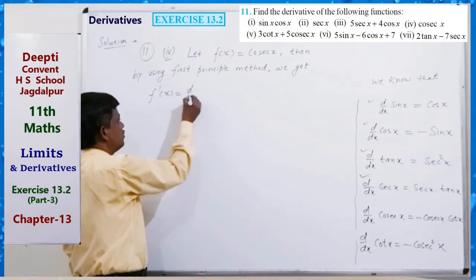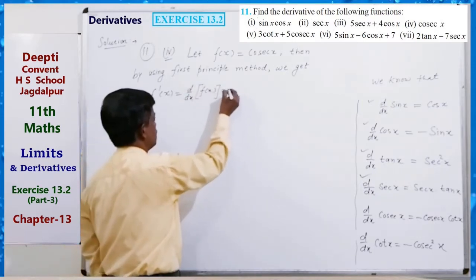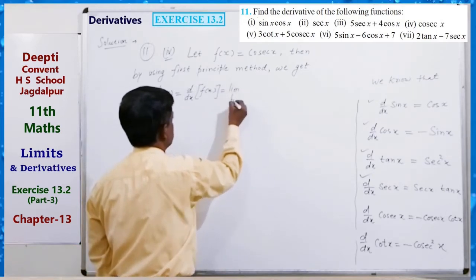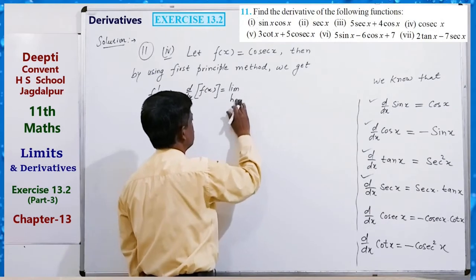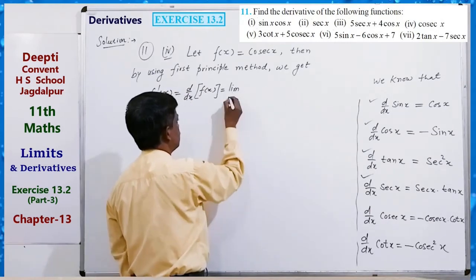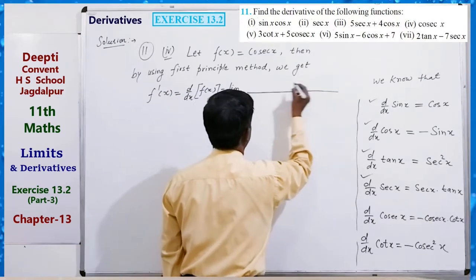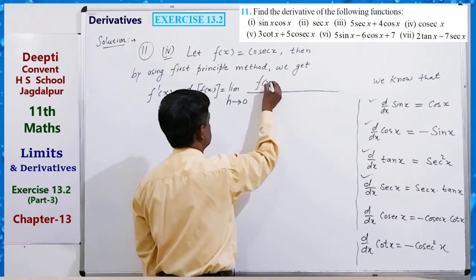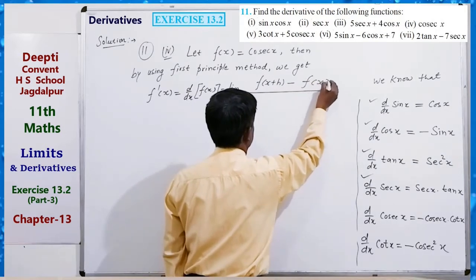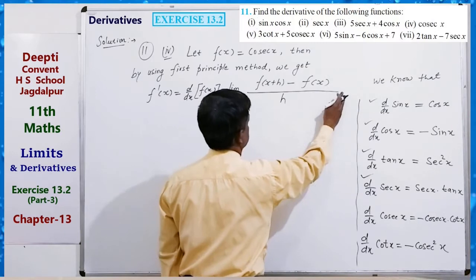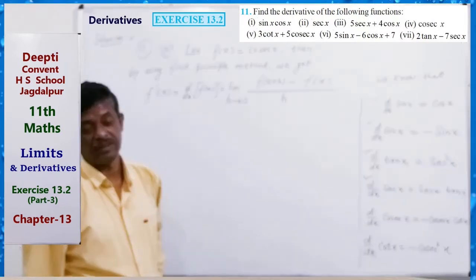Dy dx of fx, limit h tending to 0 fx plus h minus fx upon h. This is our main formula by first principle formula.